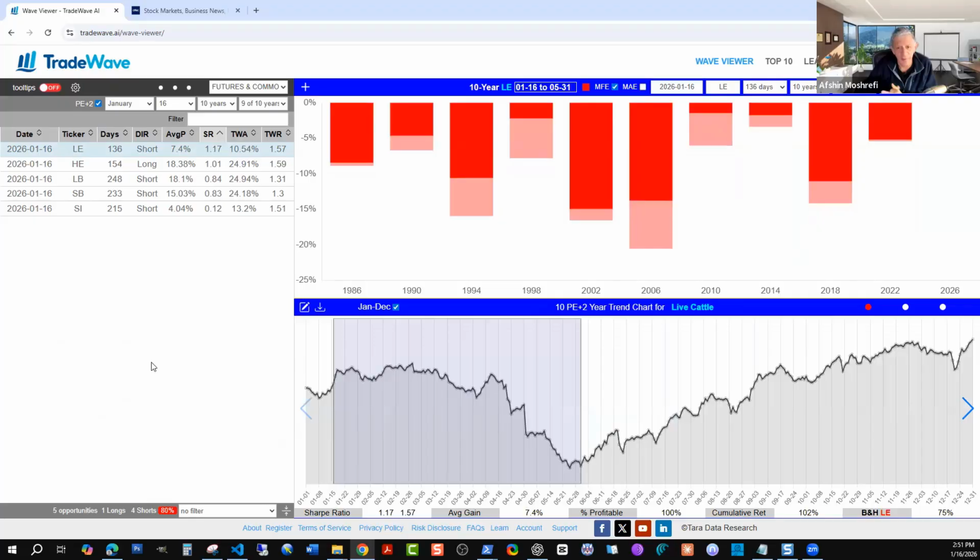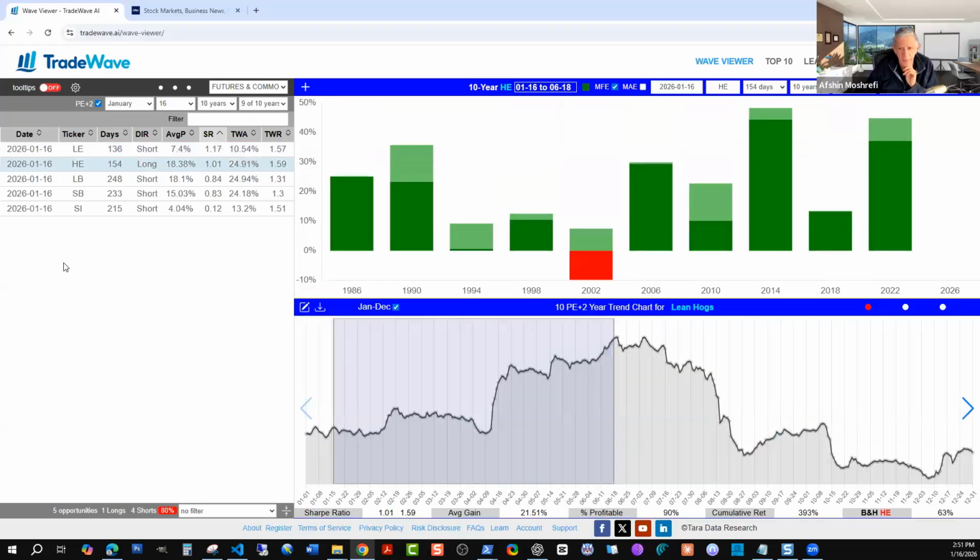Yeah, look at this, live cattle. Live cattle is going to go on a down cycle today into end of May.